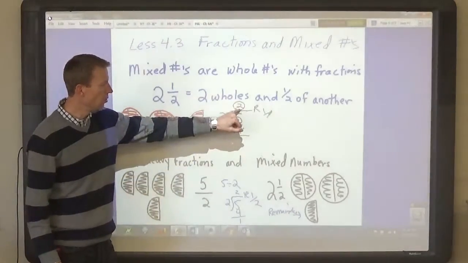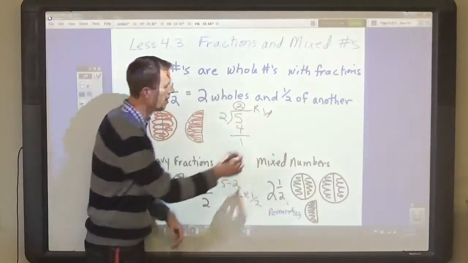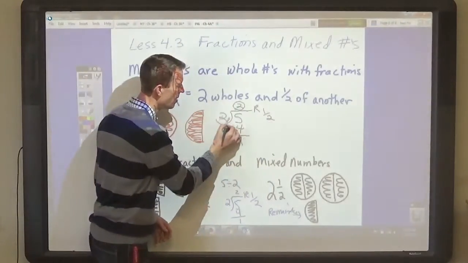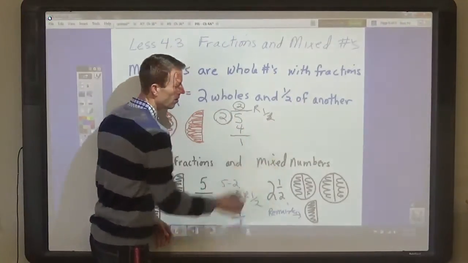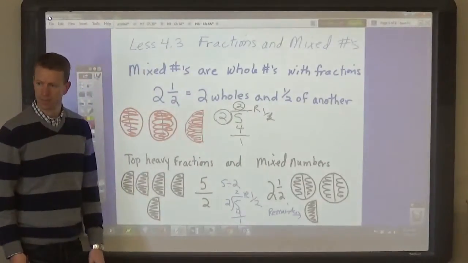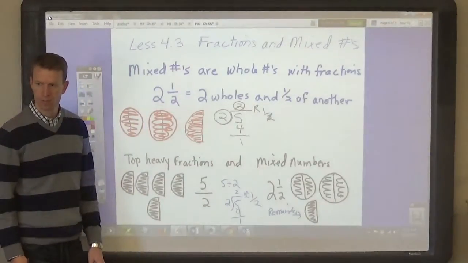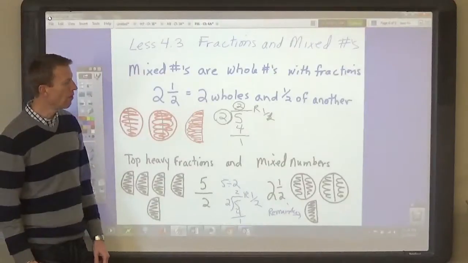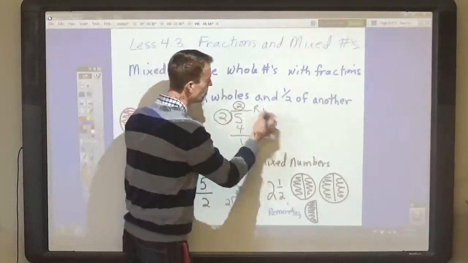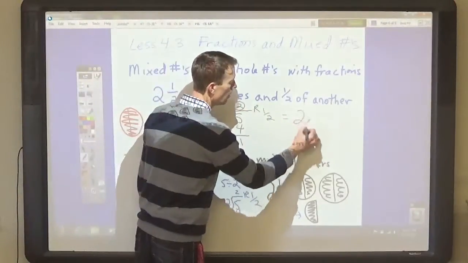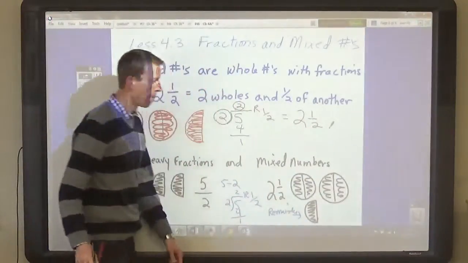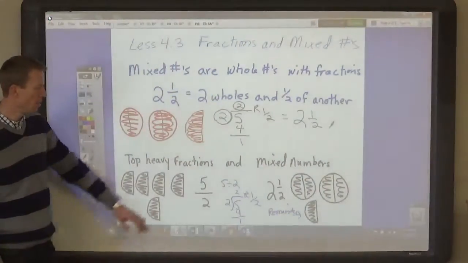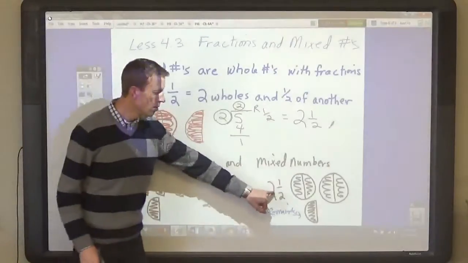So that it is 2 and then 1/2. This divisor goes here under the remainder. Okay? And then we've converted 5 halves to 2 and 1/2. Converted a top-heavy fraction to a mixed number.